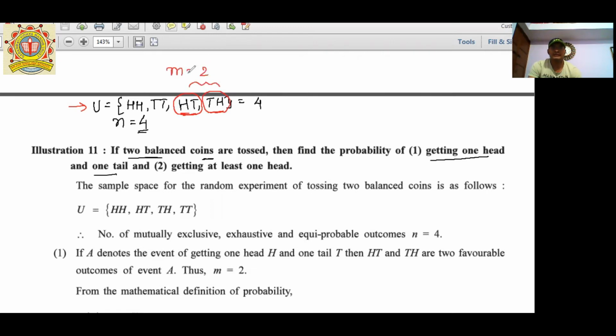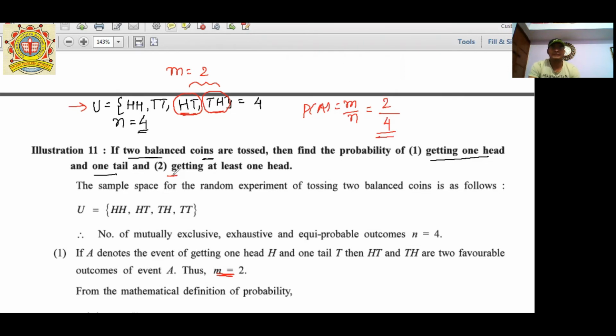So m is equal to 2. So our formula P of A is equal to m upon n, where m is equal to 2 and n is equal to 4. Got it? So this is the first point.